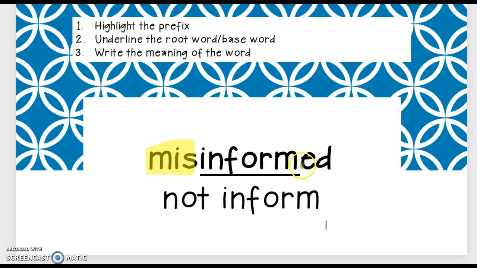And the ed is not part of the base word. The word is misinformed. Inform is the base word, so you only underline inform because ed is actually a suffix, which makes it past tense. So misinformed means that happened before, like a while ago, right?